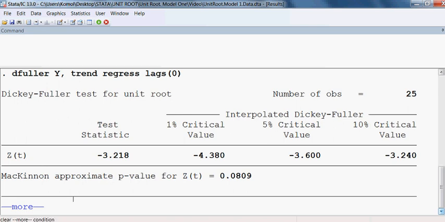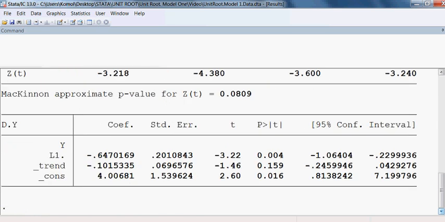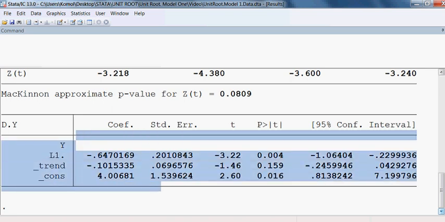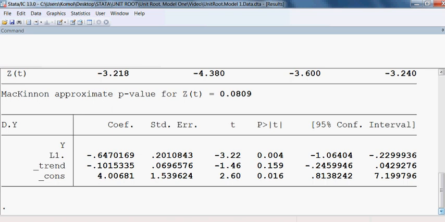And for the second one, I click on more, right, to check our model. This one is a model, and this model has trend and intercept, right? But make sure the coefficient of L1 must be negative, right?